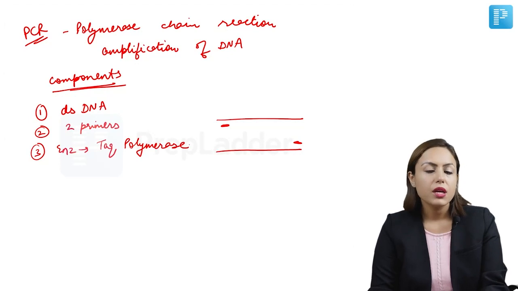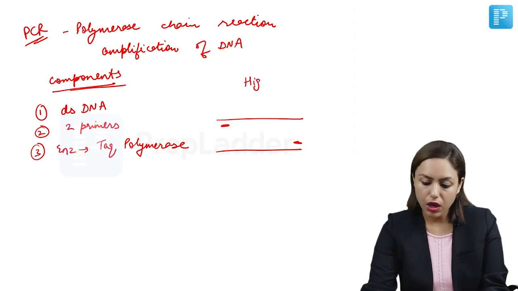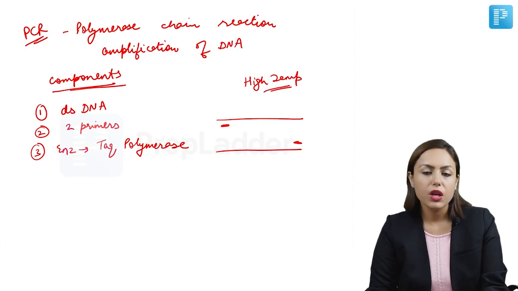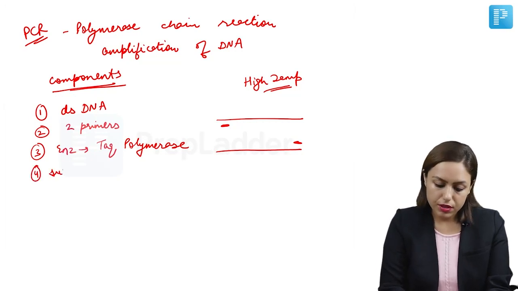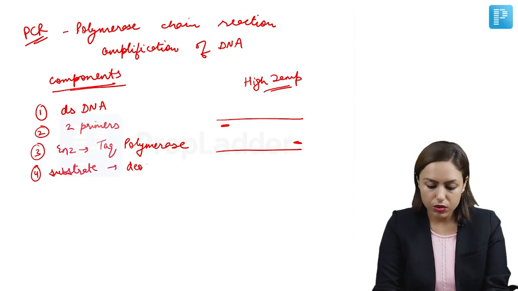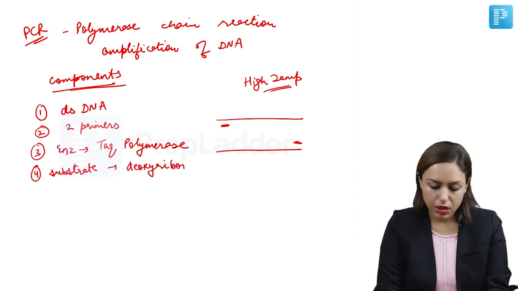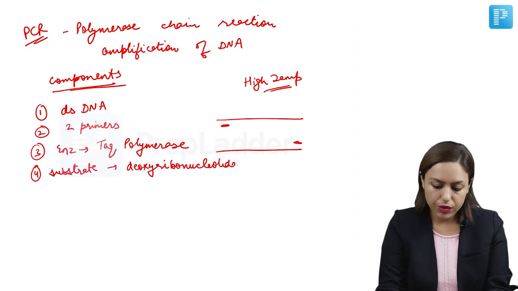Taq polymerase is taken from the bacteria Thermus aquaticus, because this bacteria can survive and withstand high temperatures. And in PCR, we use high temperature for the DNA strand separation. So we need such an enzyme which is stable in high heat. Okay. Then fourth is the substrate of this enzyme. The substrate is deoxyribonucleotides.